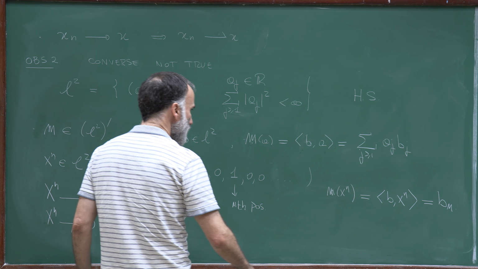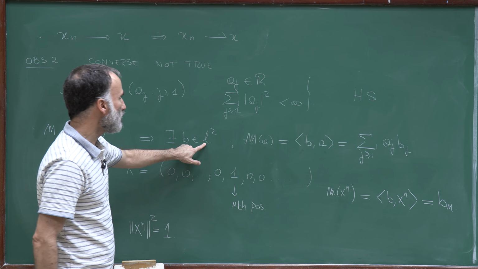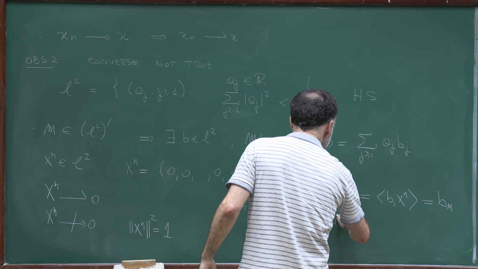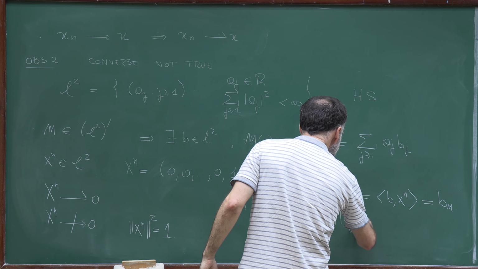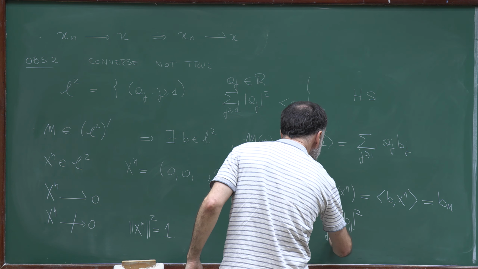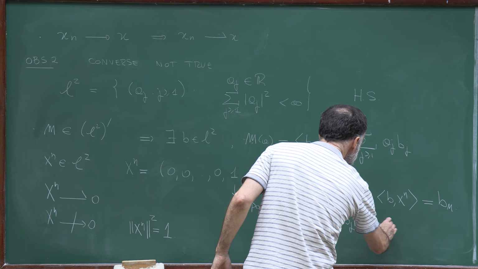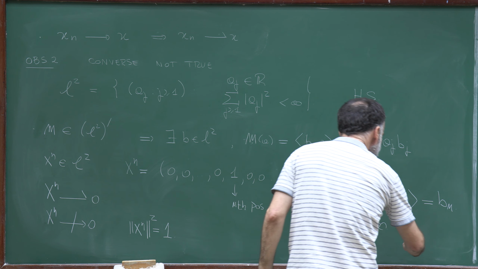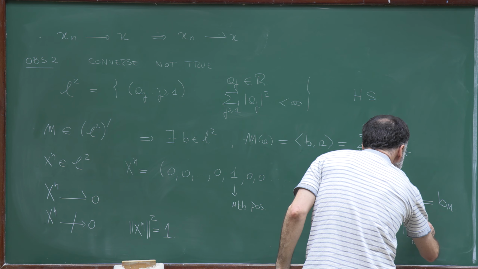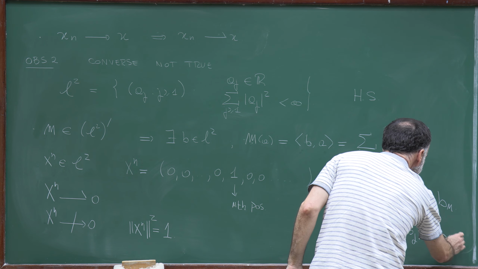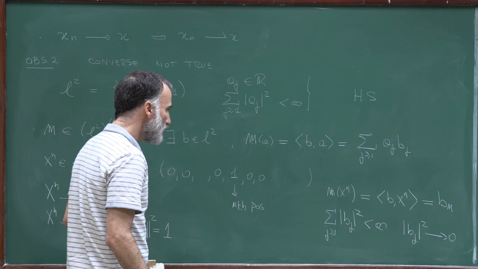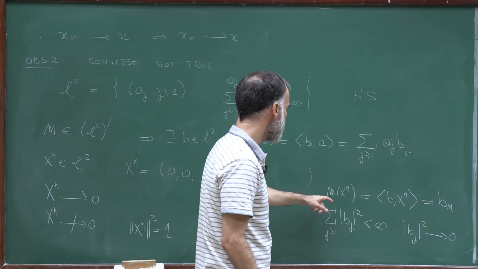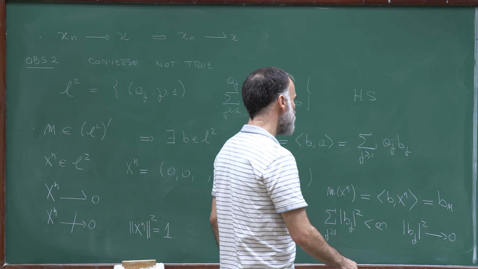Now, B is an element of L2, which means that the sum for j larger than 1 of Bj square is finite. Since it's finite, it means that Bj square converge to 0, and therefore we get that indeed Bn, so M of xn, converge to 0.